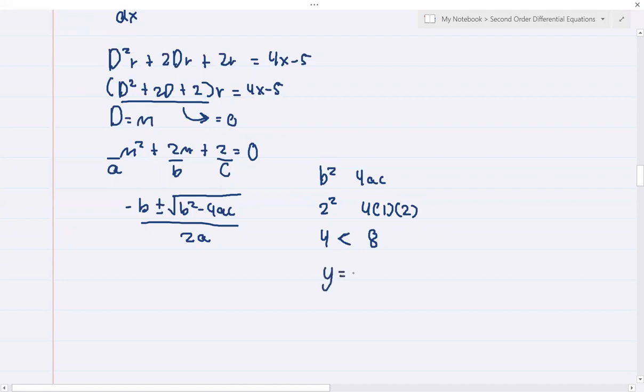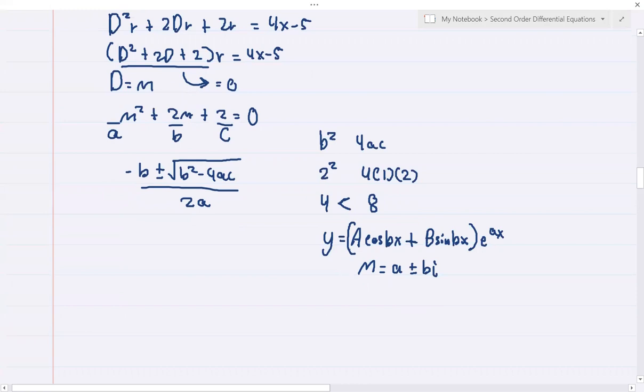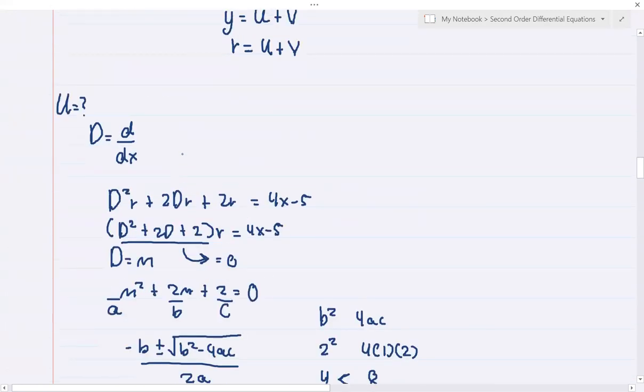Therefore, I will use the general solution of a times cosine of small bx plus b times sine of small bx, times e raised to small ax, where your m is equal to a plus or minus b times i, your imaginary number. And remember, in terms of lettering, your dependent variable is your r, and your independent variable is your x.